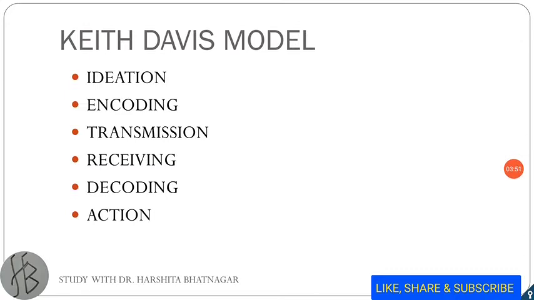So ideation, then the message is encoded, which is transforming the message into symbols or language. Then the message is transmitted to the receiver. The receiver will decode or interpret the message, and then he will react to the message or give the feedback.